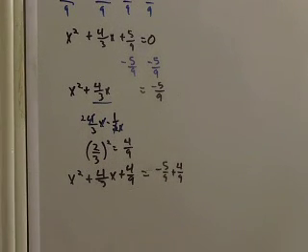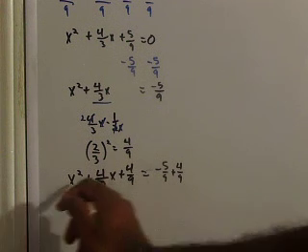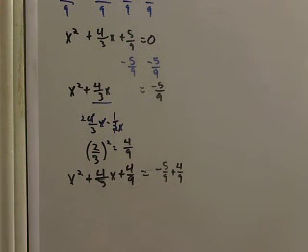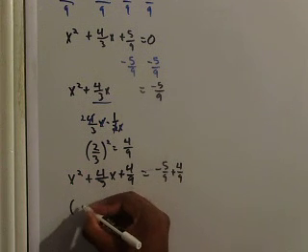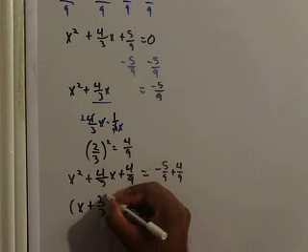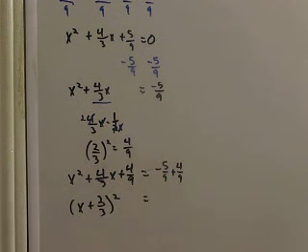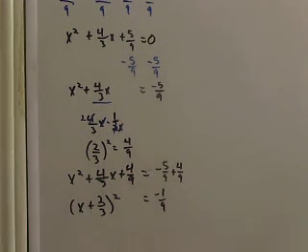Well, this right here is a perfect square trinomial, and its perfect square is x plus 2/3 squared. And then negative 5/9 plus 4/9 is negative 1/9.